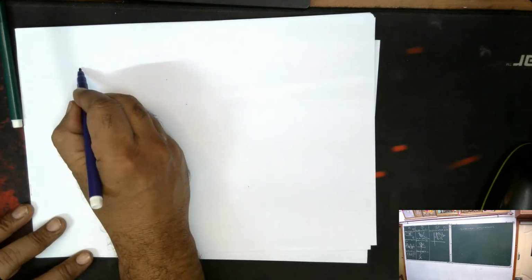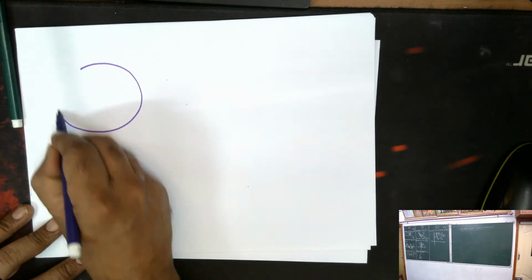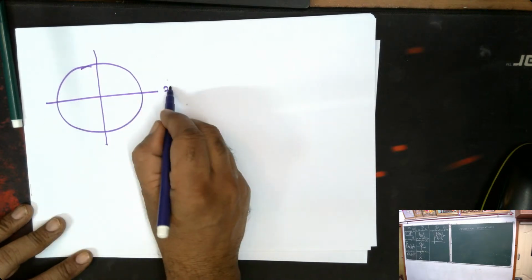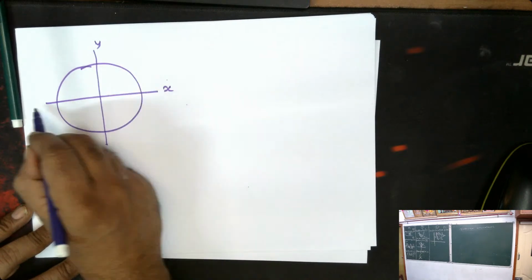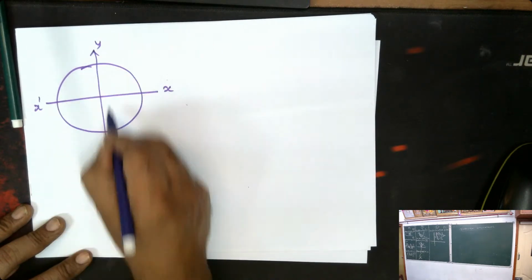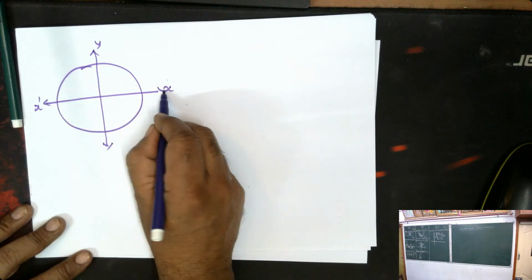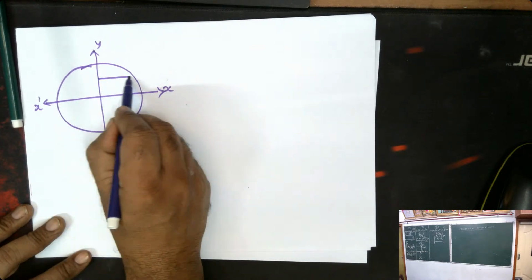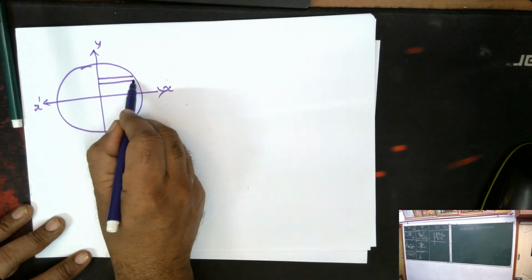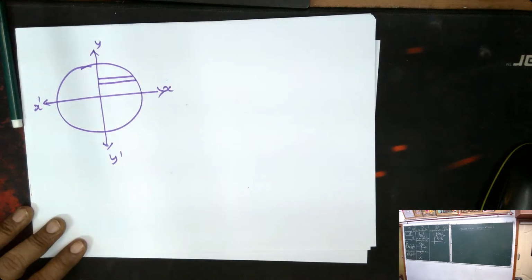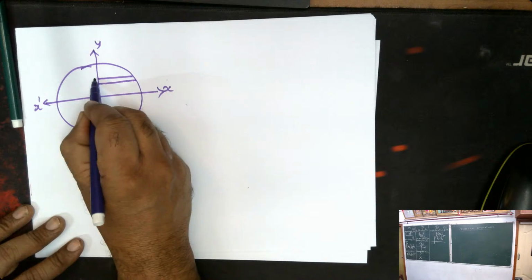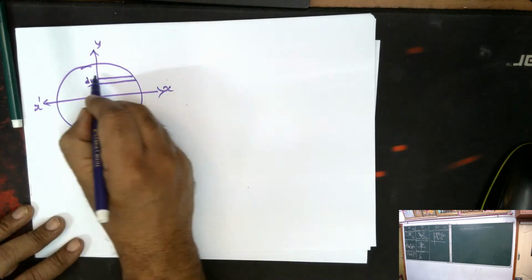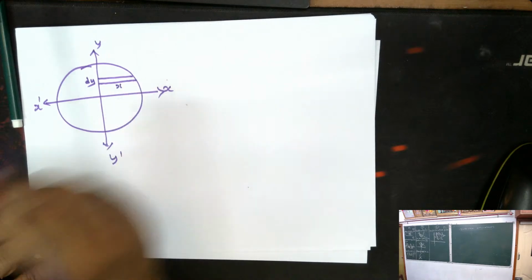Let us draw once again the circle, and let us have the quadrant, x-axis, y-axis. Okay. Now let me have the dy as the smallest breadth element. So this is dy. And what about this? This is x. Now let us proceed.